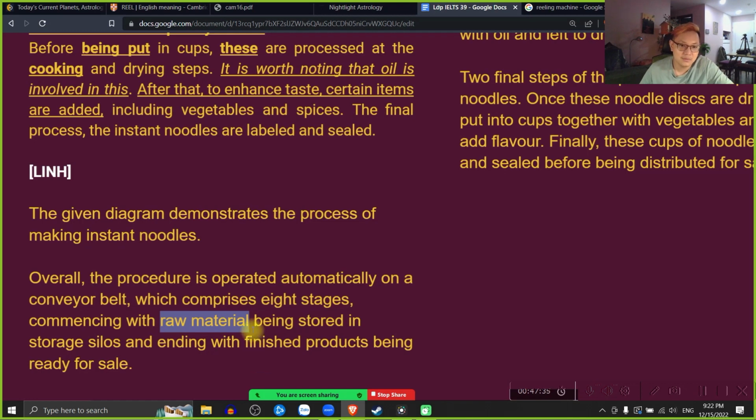Perfect. So up to this point, Lin's use of words is very precise and she understands exactly how to use the vocabulary. You see? Being stored in storage silos and ending with finished products, being ready for sale.